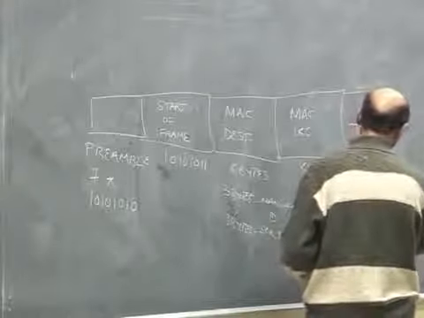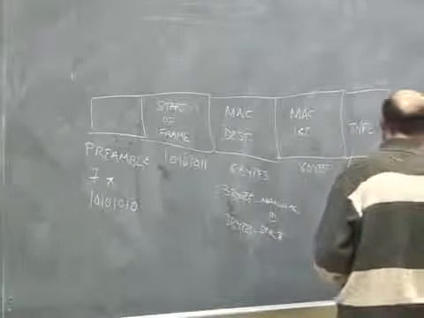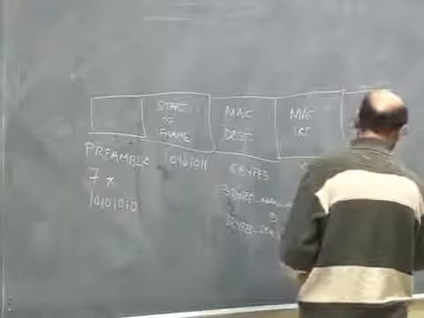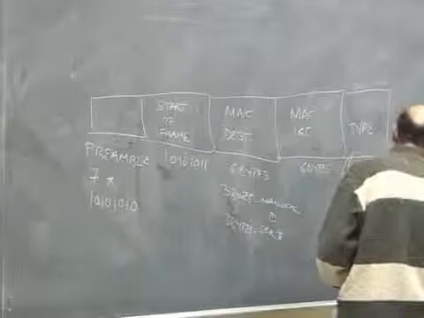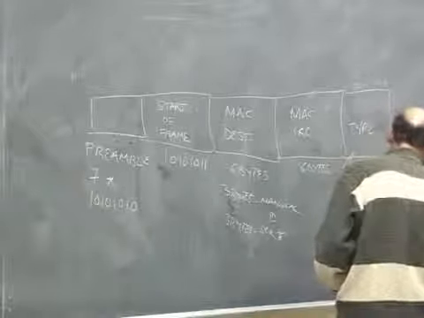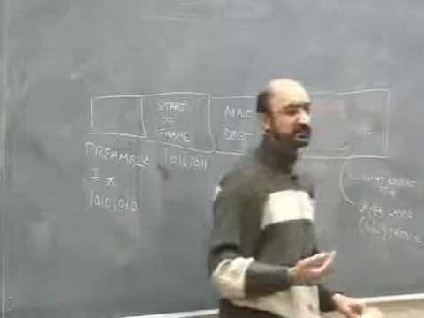What kind of Ethernet, because there are many variants of Ethernet. And the other one is, what's the upper layer protocol? In this case, the network layer protocol. So Ethernet can be used to carry not just IP, but other protocols as well.